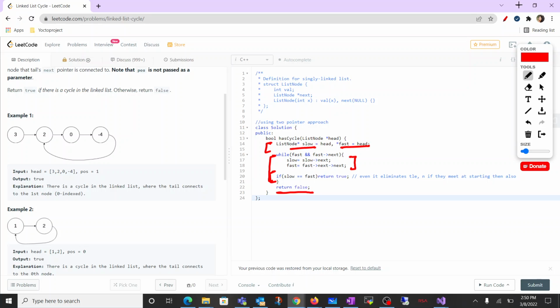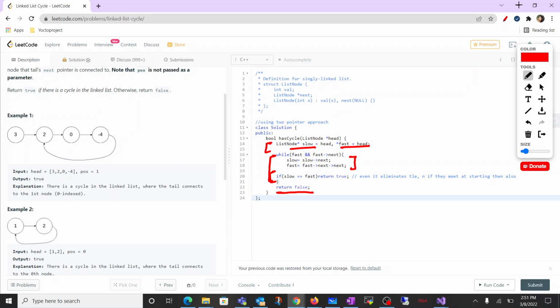And when there is a cycle, right, then fast will start from the starting, and then somewhere in the middle the slow and fast will coincide with each other because of the cycle.